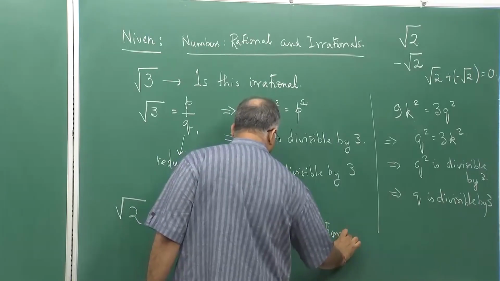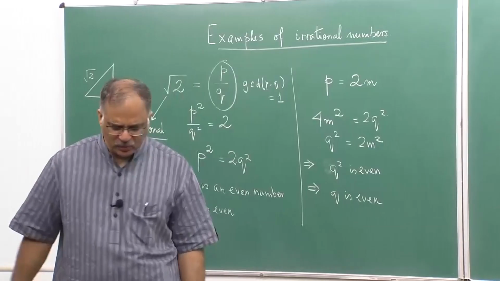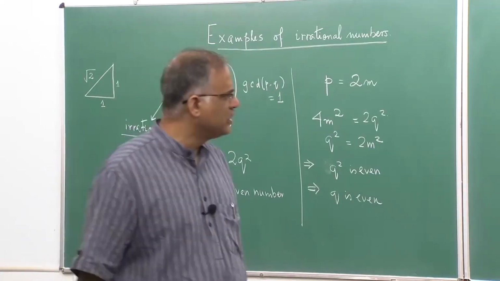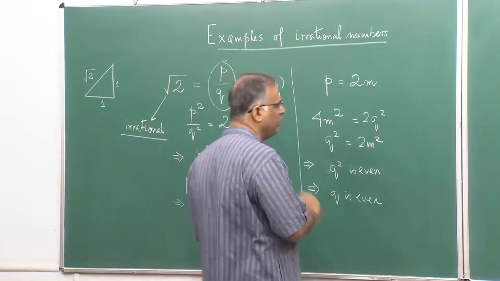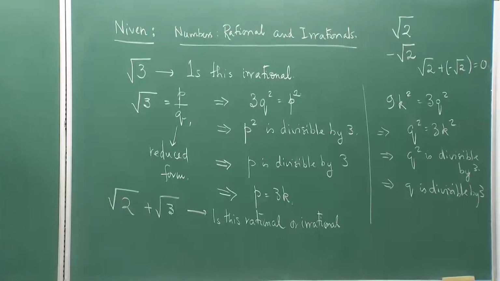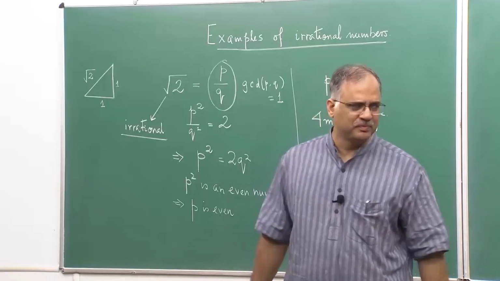The policy of checking rationality or irrationality in this form, when you add two numbers, is not always helpful. That is, you cannot say I can put root 3 as p by q and do it, it will mess up.